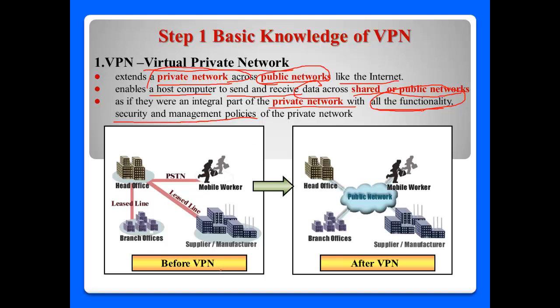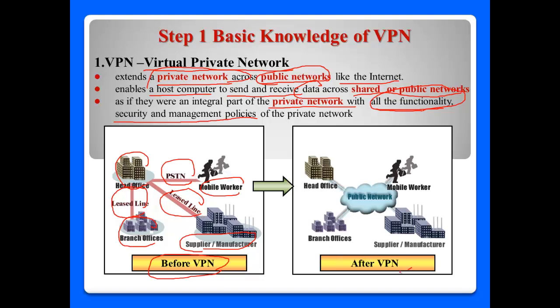For example, before we used VPN, the company could use this kind of network between head office and branch office, head office and supplier or manufacturer, or between head office and mobile workers. For this kind of network, normally the company tried to use a leased line or PSTN. But to use a leased line, the company must pay a lot of money.